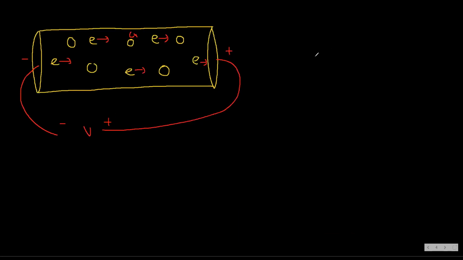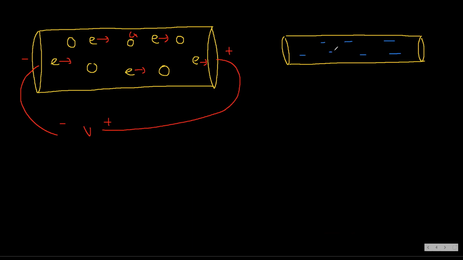If I'm considering a pipe and there is a liquid flowing through a pipe, if I'm decreasing the cross-sectional area of the pipe, what happens to the liquid flow? Does it flow through the pipe easily, or is it difficult to flow through the pipe if I decrease the area? Is it difficult or is it easy for the liquid to flow? Difficult. It is difficult. That means resistance increases or decreases?